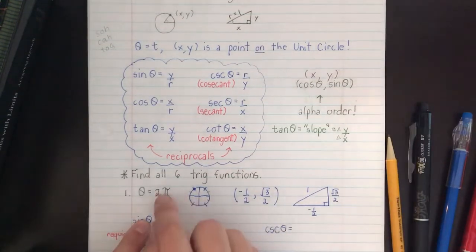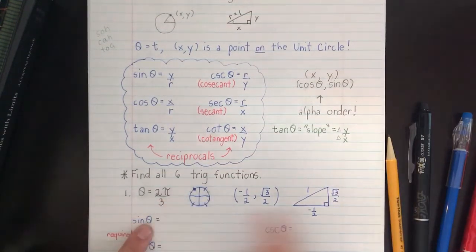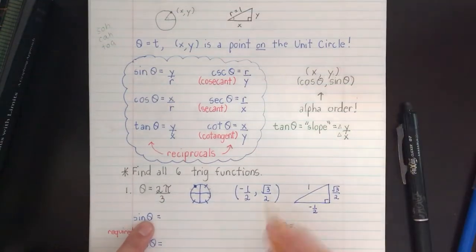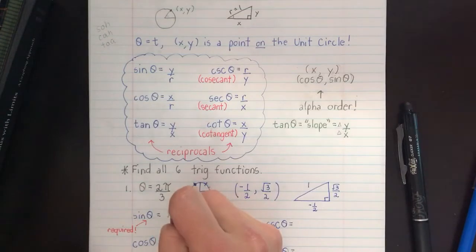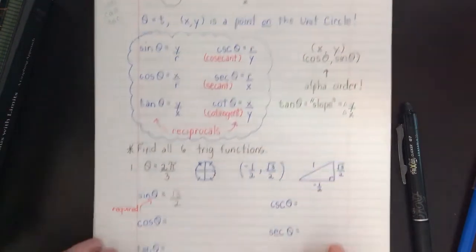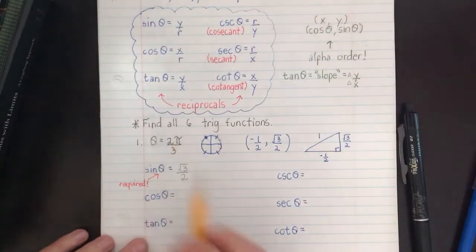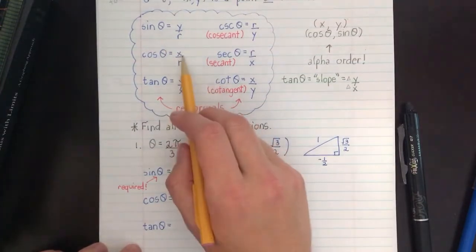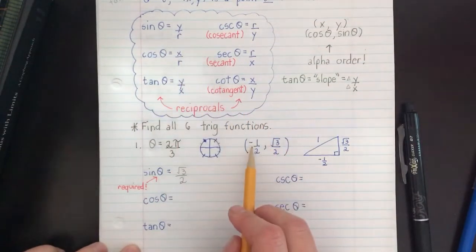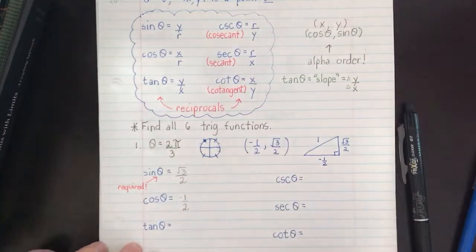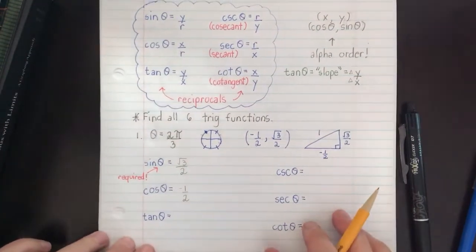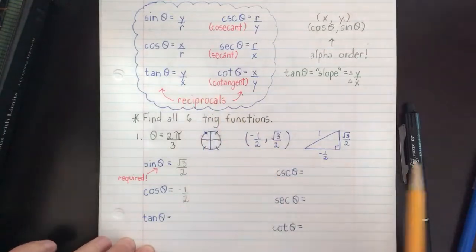So sine of theta for this theta would be the y value of the coordinate here, which would be square root of 3 over 2. The cosine of theta for this angle would be the x value, so the x value of that coordinate would be -1/2. Tangent of theta would be y over x.